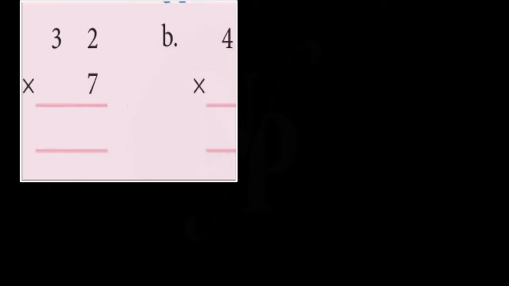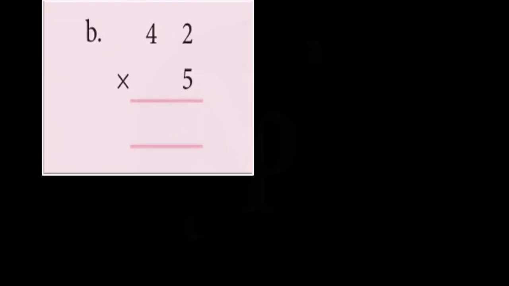B. Here we have 42 into 5. Let's multiply now. 5 2s are 10. We write 0 in one's place. 1 ten is carried forward to tens place. 5 4s are 20. 20 plus 1 is 21. Therefore, 210 is the product.